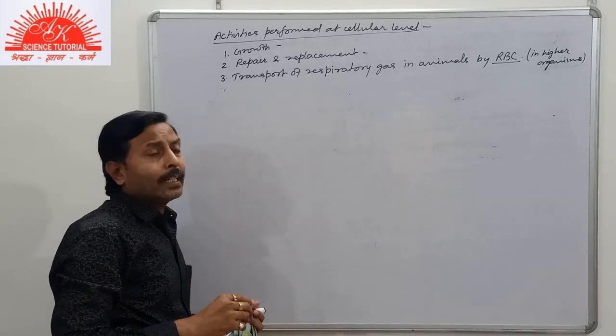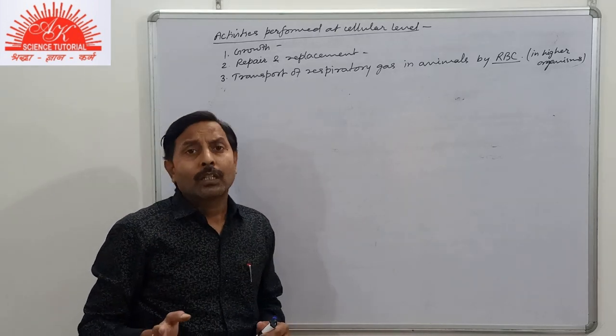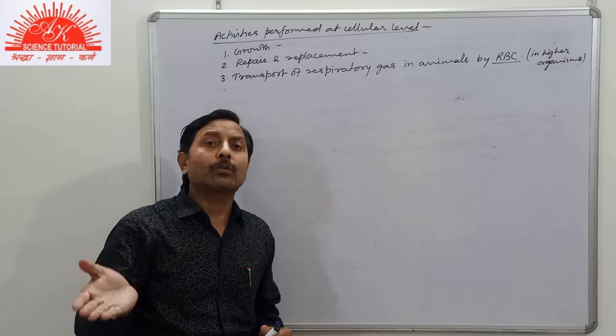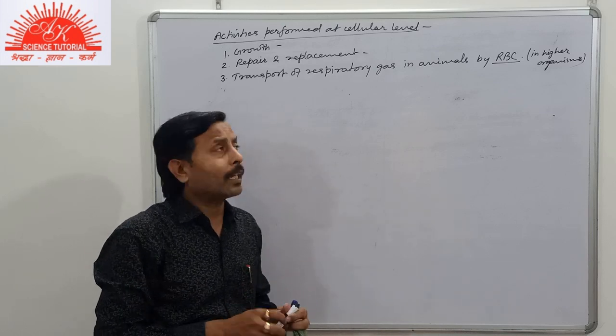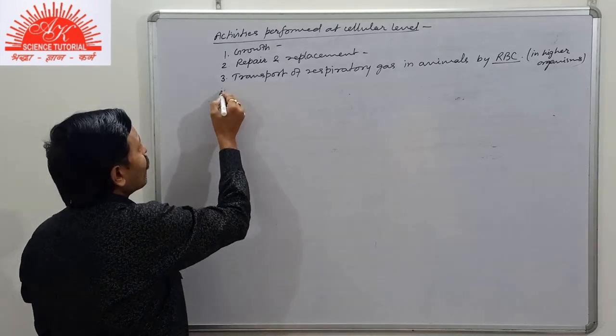As you know, oxygen from the lungs is transported to the tissues and CO2 from tissues is transported back to the lungs. So transport takes place at this level.